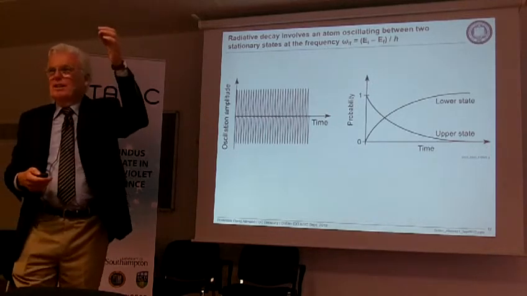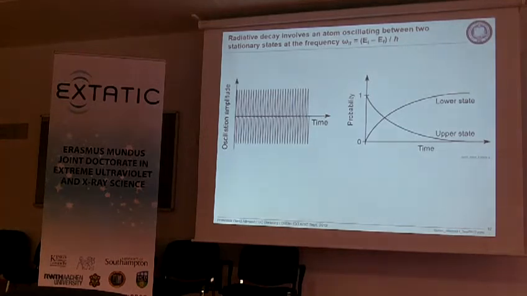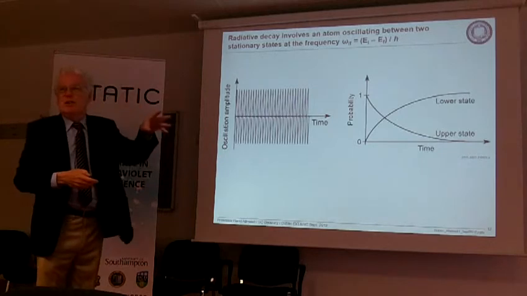Also, when an electron drops from an upper level into a lower level and throws out a photon, as I showed in the previous slide, it's not quite that simple. The atom is undergoing a change from an upper level to a lower level, and there are wonderful books you can read about this. I like the one by Loudon. But at any rate, there's an oscillation of the charge distribution between these two states, and what's really happening is not that a photon just got thrown out.